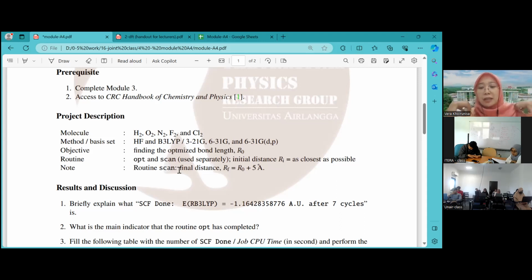For example, the closest possible is 0.6. We will calculate 0.7, 0.8, and so on. So we will make points until we reach 0.5 angstrom from the closest possible distance, and then we calculate for each point. Okay, that's the project description.